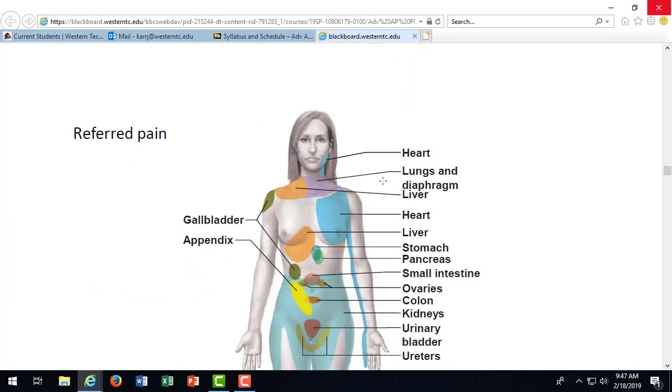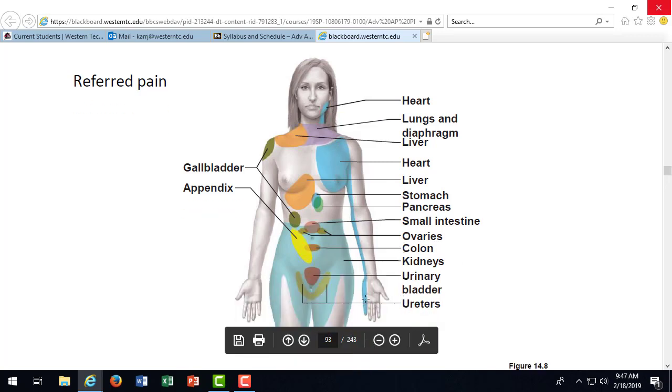So referred pain can mean lots of different things. Like a person can have right shoulder pain and it's actually coming from the gallbladder. Or heart, we know, can be in the left jaw, up the neck. Some people even complain of an earache when they're having a heart attack. And then down the left arm. And they can feel numbness and tingling in their fingertips too. So that's called referred pain.